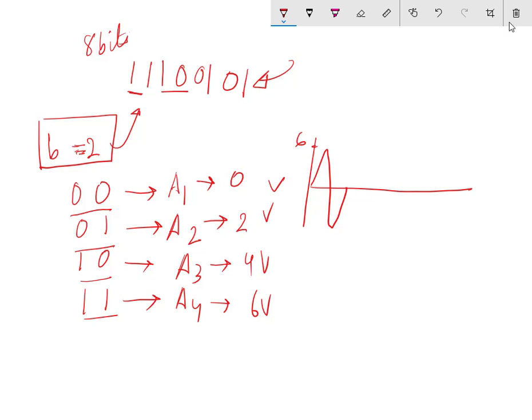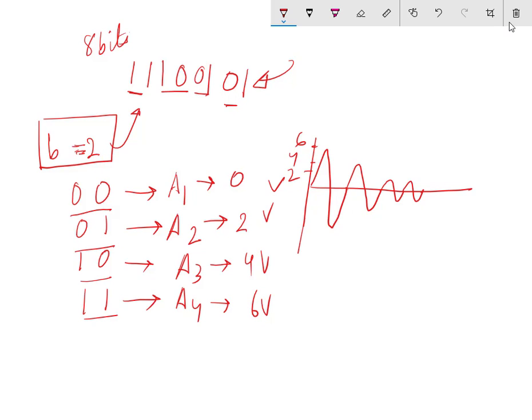Then we have 1 0, which means 4 volts. Then we have 0 1, so we need 2 volts. Then we have another 0 1, so we need another 2 volts. So this was our modulation scheme.